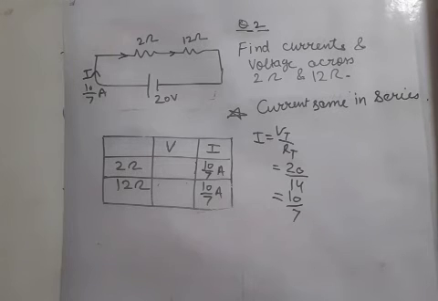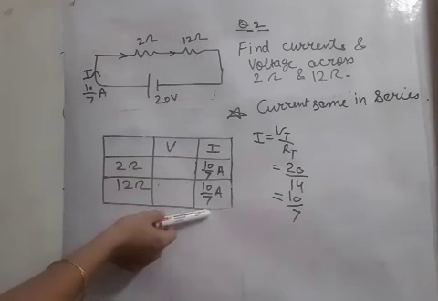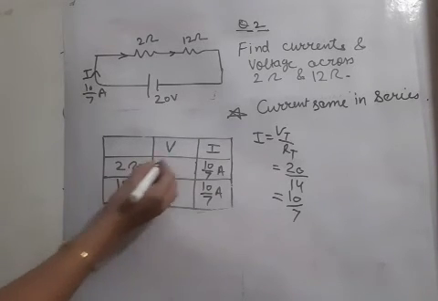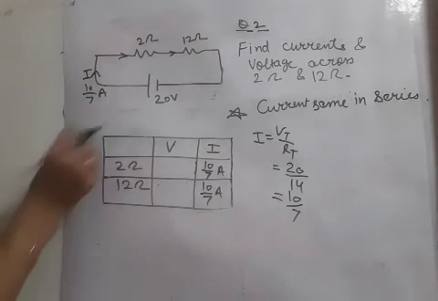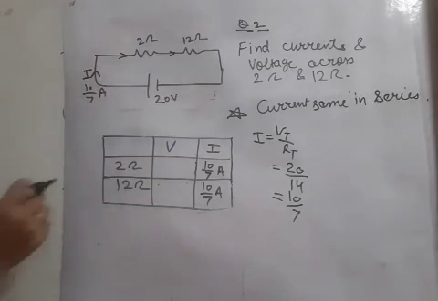Now this step was extra because in the parallel combination the voltages are directly equal to the battery voltage. But here we have to calculate the total current first, and then write it. After getting the current value, we can now calculate the voltages. We know that in series the voltage distributes.